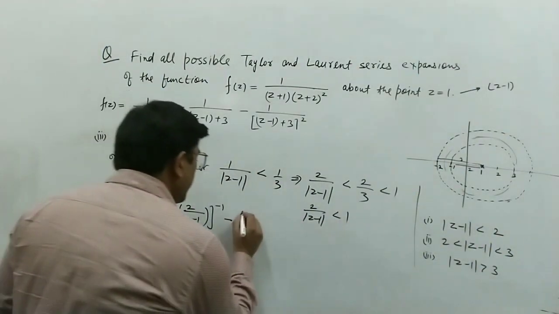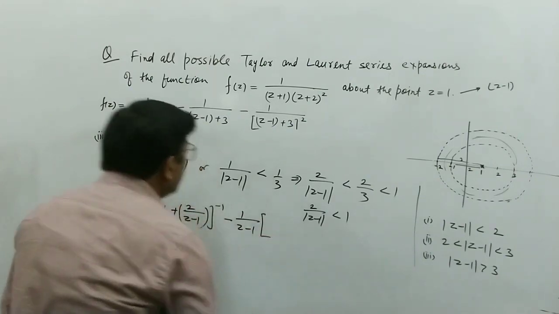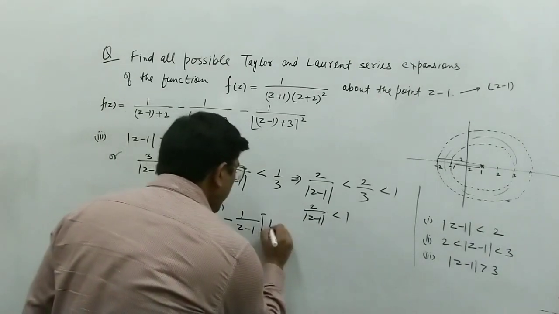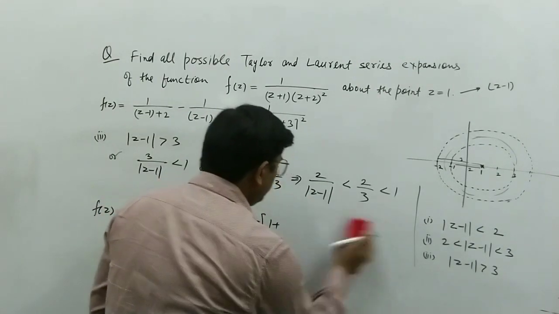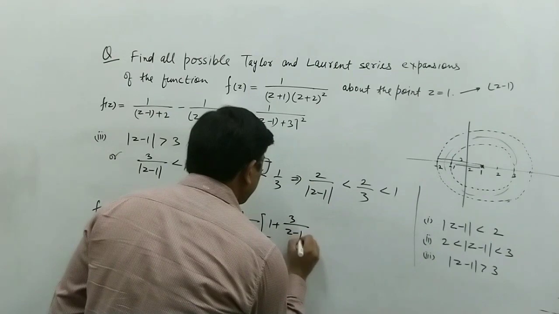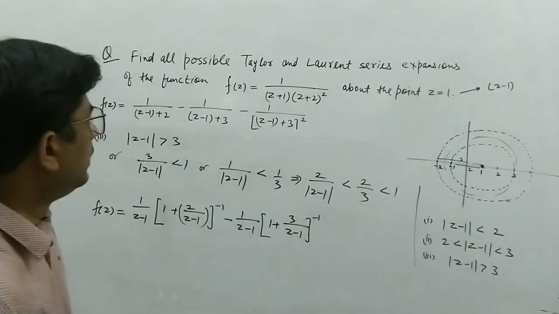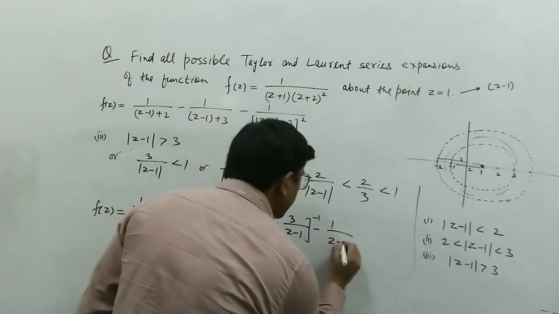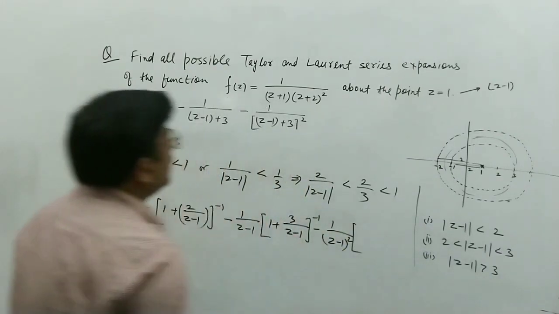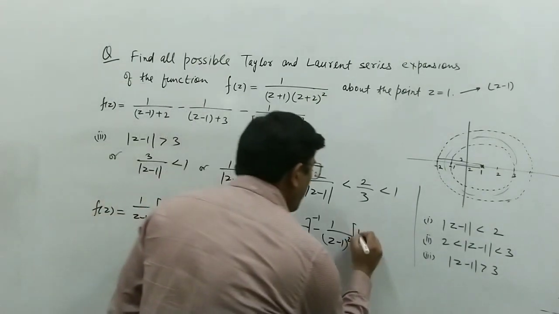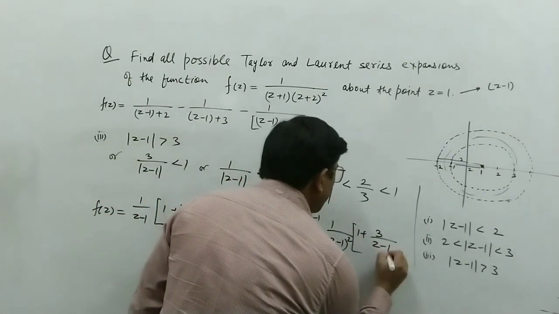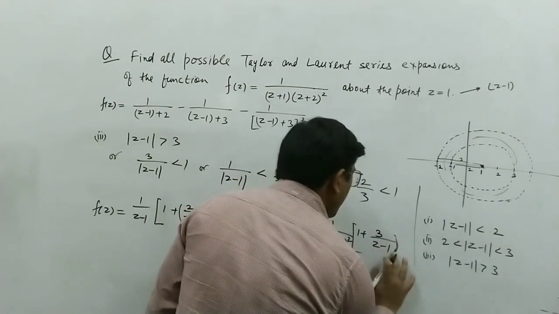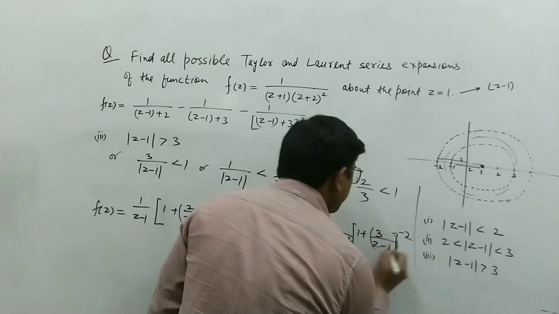So if we take z minus 1 common, this will be 1 plus 3 upon z minus 1 to the power minus 1. And from the third term, again if we take z minus 1 common, so outside this z minus 1 square, and this will be 1 plus 3 upon z minus 1 to the power minus 2.